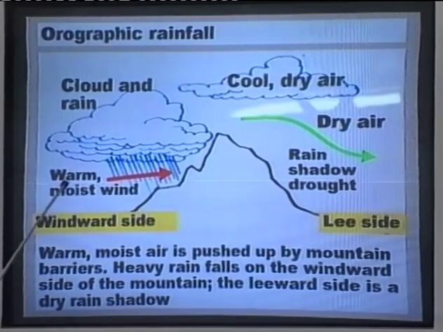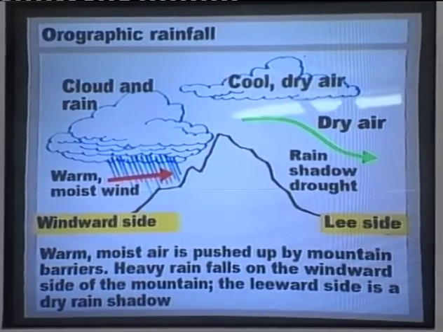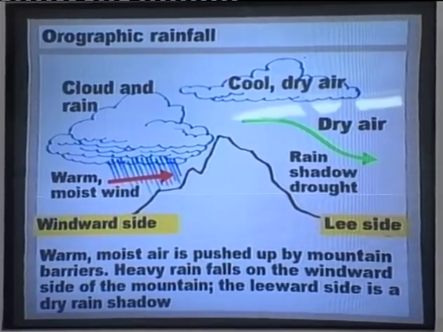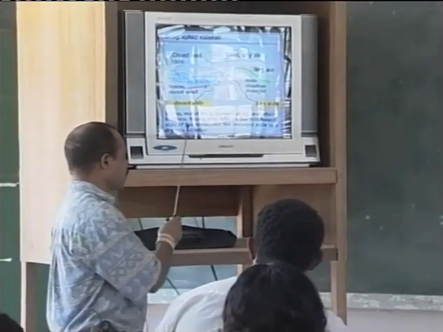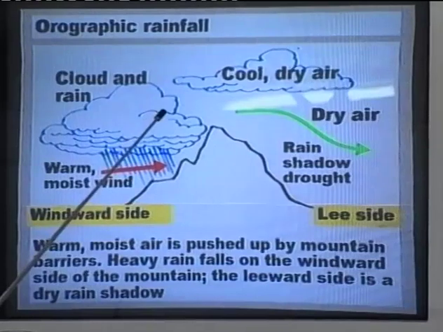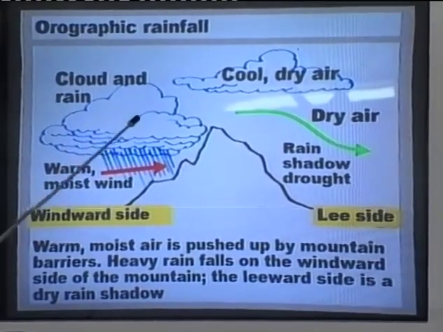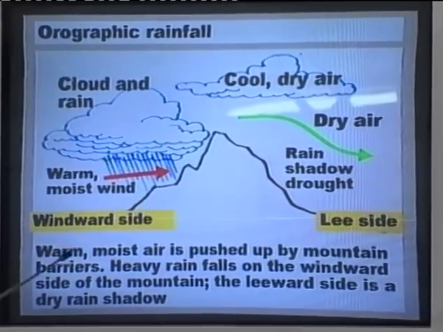As it rises, altitude is increasing. When altitude increases, what happens to temperature? Temperature decreases, which means condensation will take place. As the cloud moves close to the top of the mountain, it becomes very heavy, and then rain falls on the windward side.